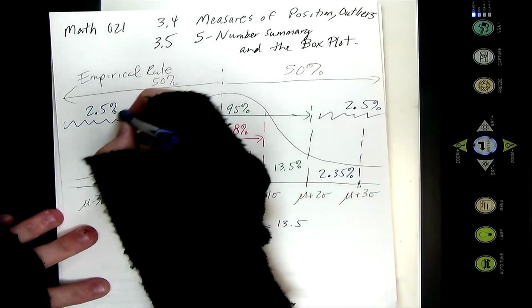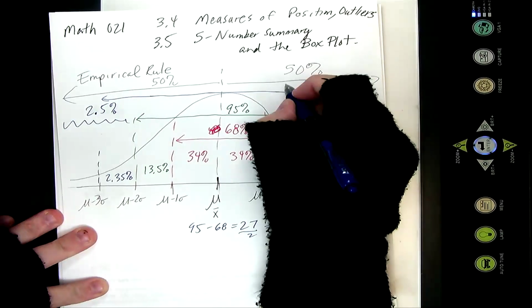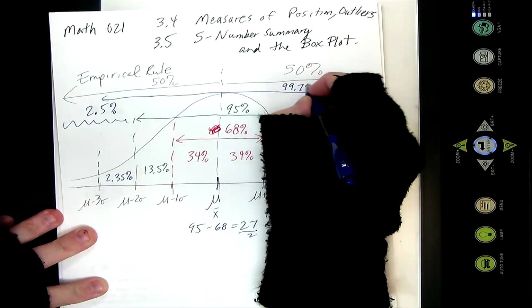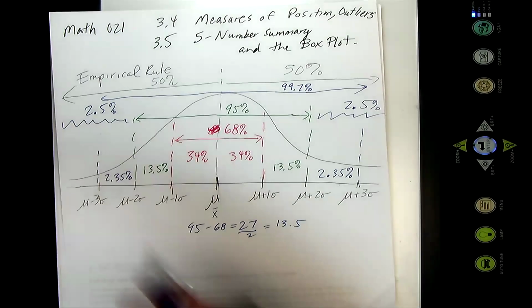So going out 3 deviations captures 99.7% of the data, which leaves just 0.3% left. If we split 0.3% in half, we get 0.15%.